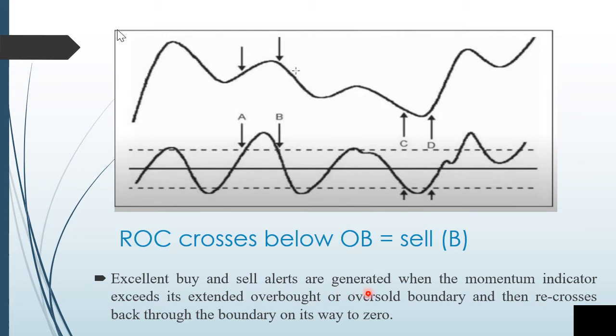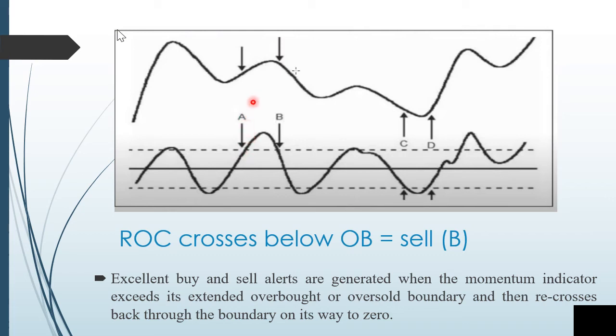Excellent buy and sell alerts are generated when the momentum crosses these lines. So meaning to say here is that when you see the price fluctuate here, we can confirm the decision by looking at the overbought ROC here.